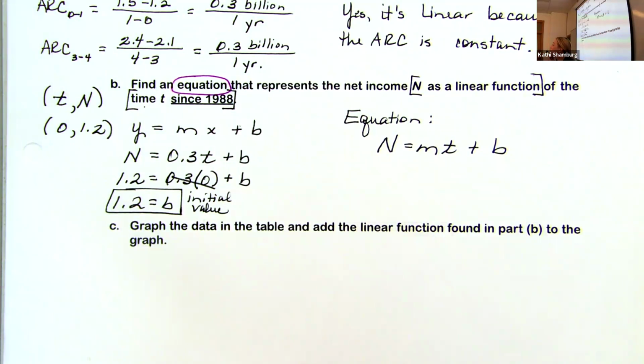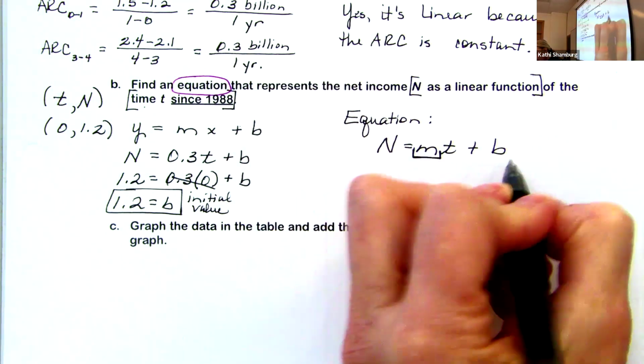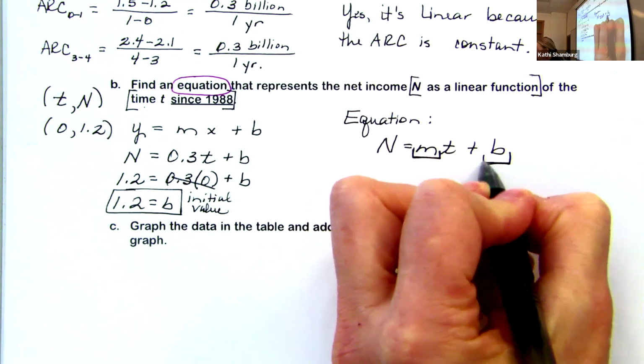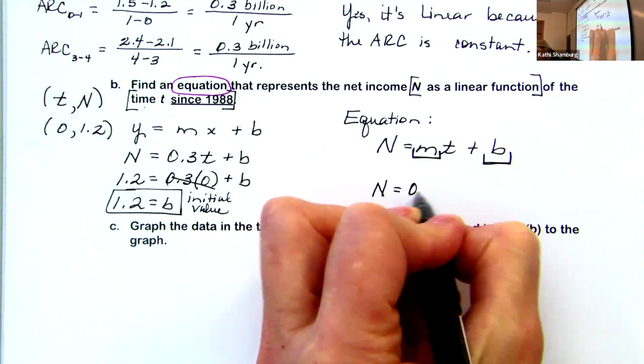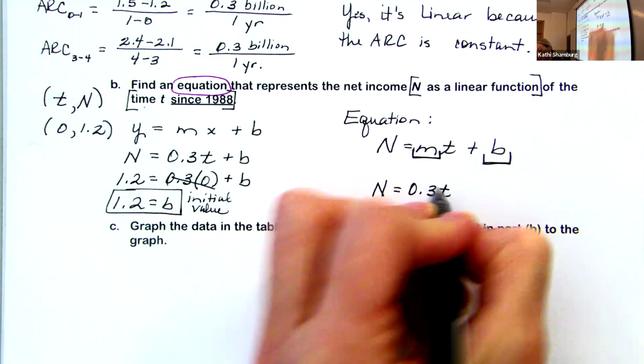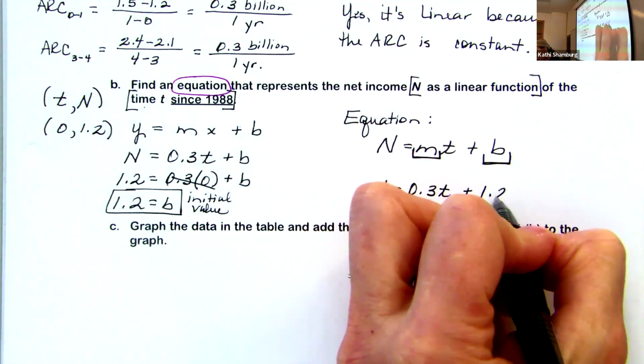Okay, which ones do I substitute with a numerical value? Only the slope and only the initial value. So my equation is n equals 0.3 t, and this is positive, so it would be plus 1.2.